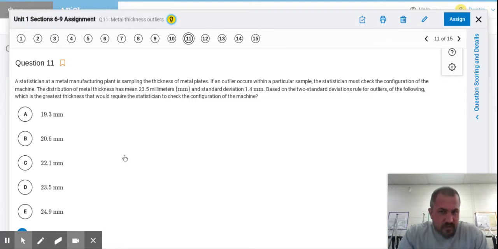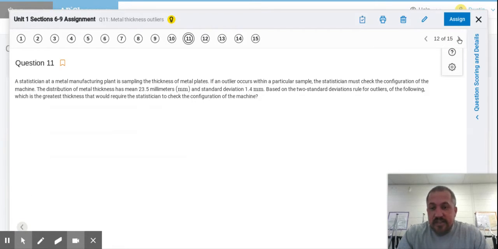So go 2 standard deviations above and 2 standard deviations below the mean, so add that 1.4 twice and then subtract that 1.4 twice. Which of these numbers would be a potential outlier is what you're looking at in question number 11. We haven't looked at that specifically, so you want to make sure you pay attention to that.